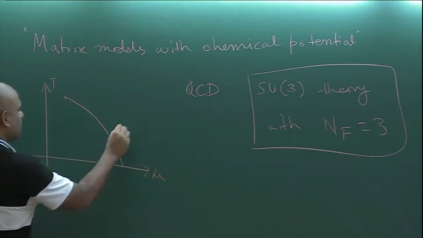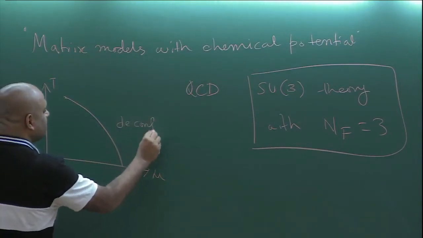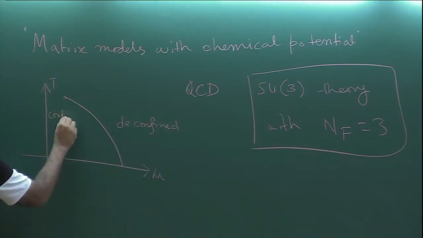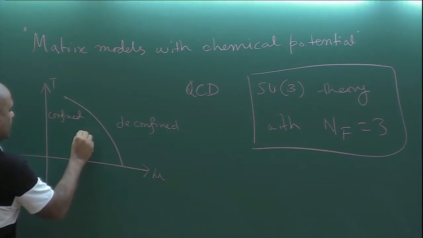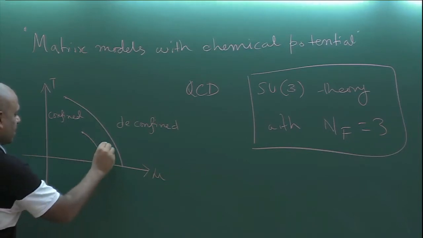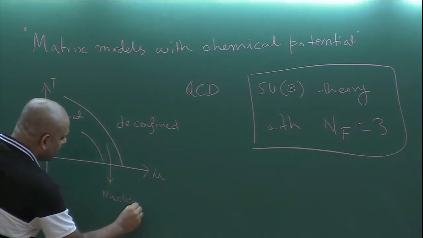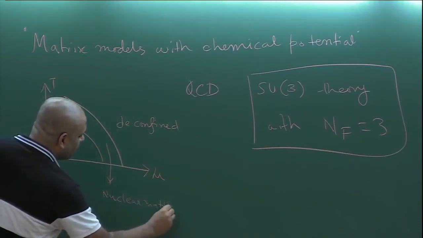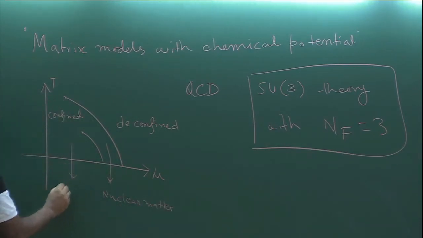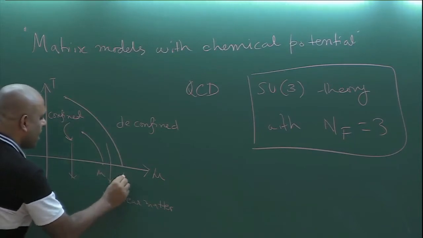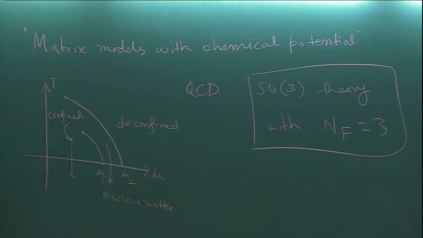This is a deconfined phase. This is a confined phase. In this kind of phase diagram, roughly speaking, there are two chemical potentials.